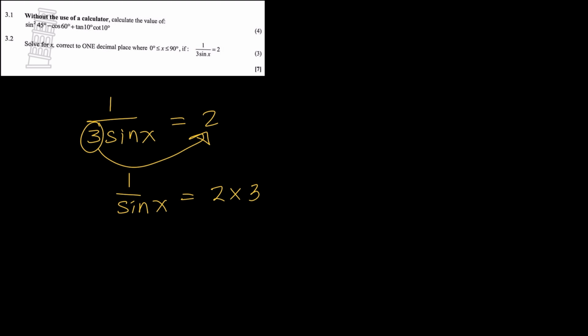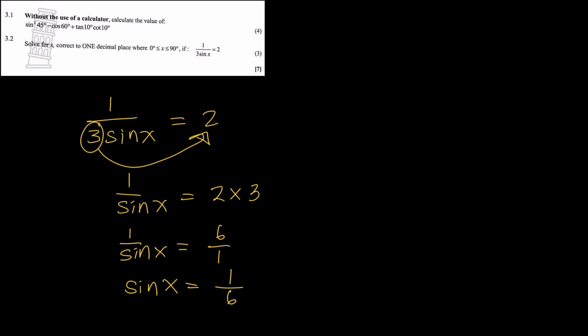Well, 2 times 3 is 6, so we can rewrite this as 1 over sine x equals 6 over 1. Now, because we want to solve for sine x, we need to flip the fractions. So if you flip the fractions, we get sine x is equal to 1 over 6.